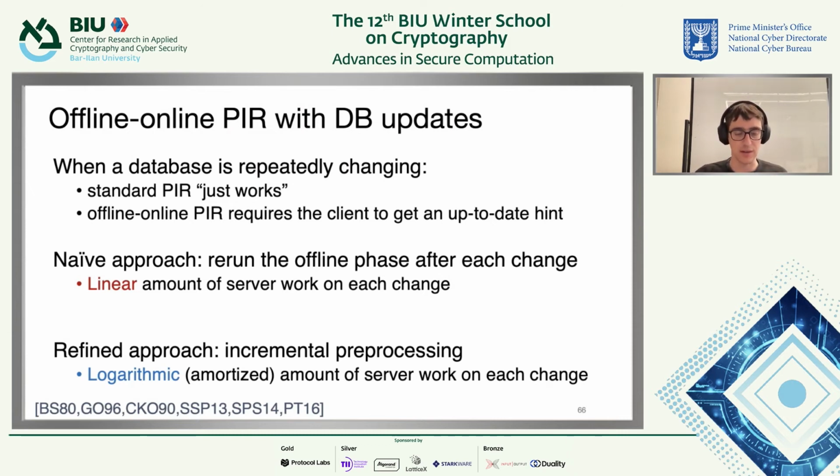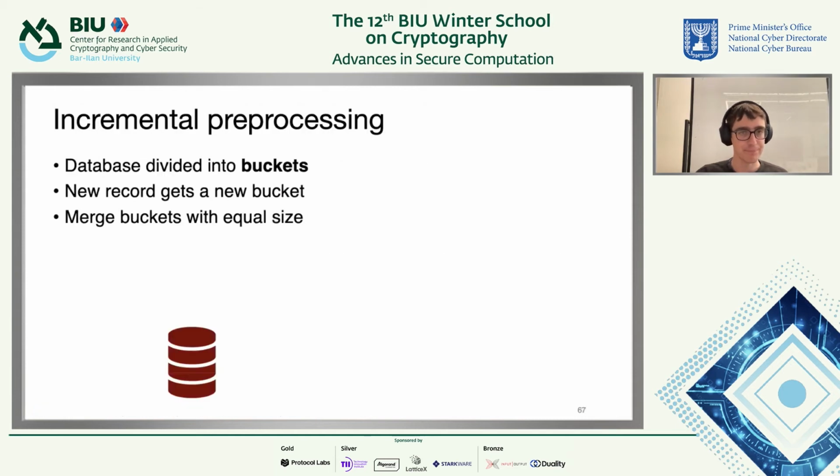These are, I think, classic ideas. Again, we'll divide the database into buckets, but this time a little differently than what we've seen before. And we'll update those buckets using two rules.